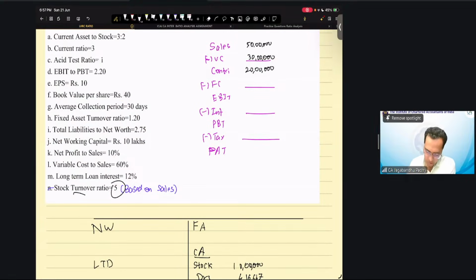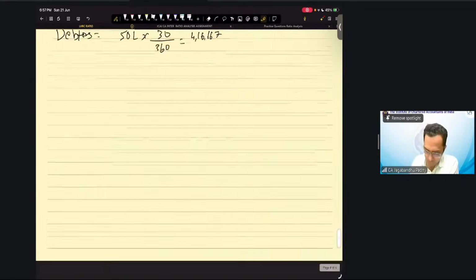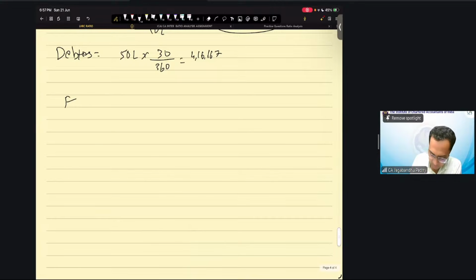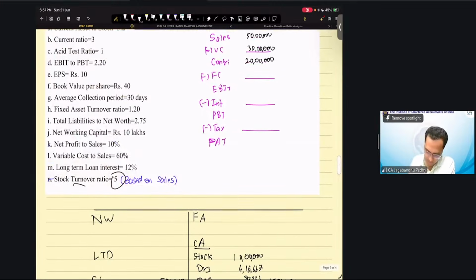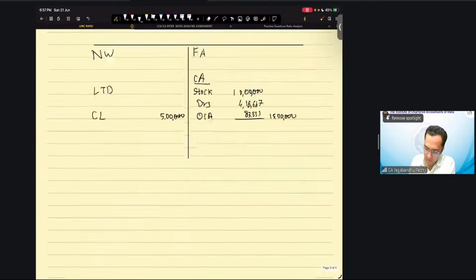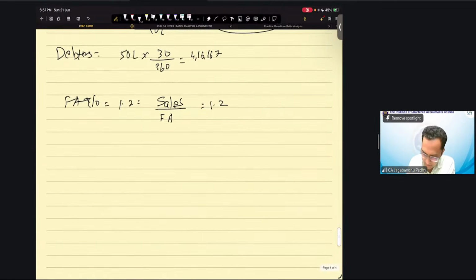Then we have the fixed asset turnover as 1.2. Since our fixed asset turnover is 1.2, this simply means that sales upon fixed asset is 1.2. So we get the sale value as 50 lakh upon fixed asset is 1.2.